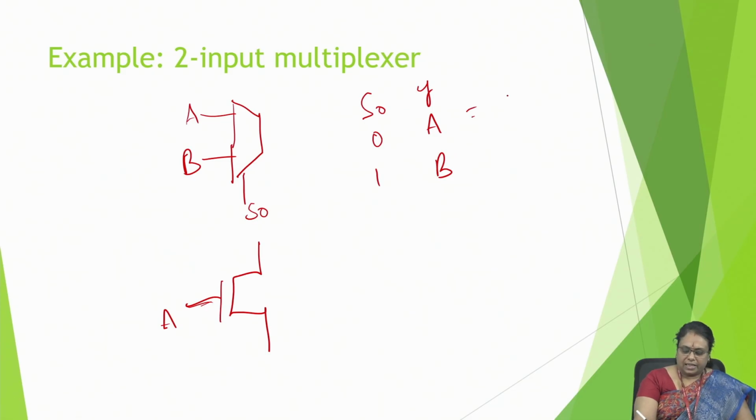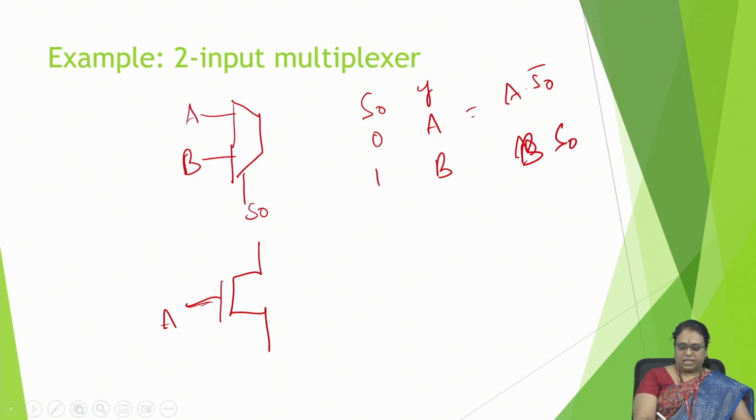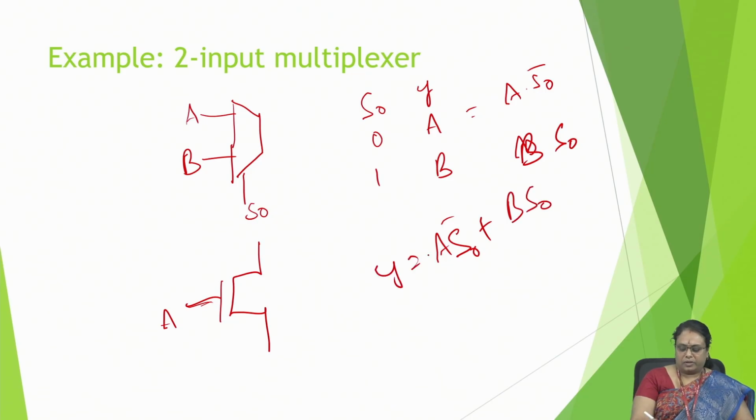And you will take this as A into S0 bar, and this you will take B into S0. That's it. Simple combinations. You will write A into S0 bar plus B into S0. This will be your Y0.